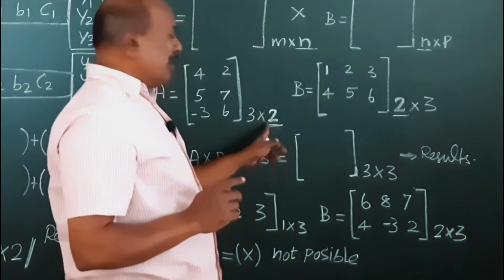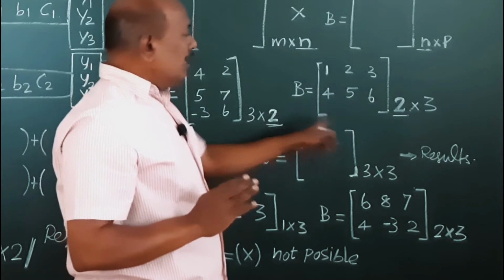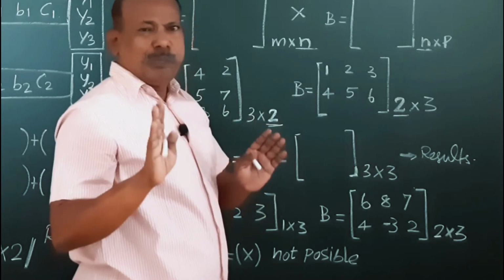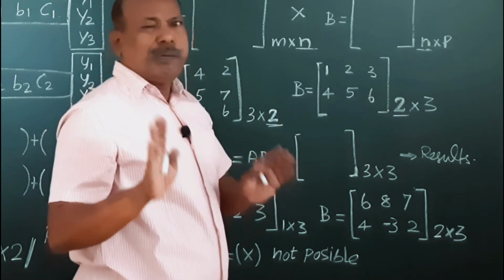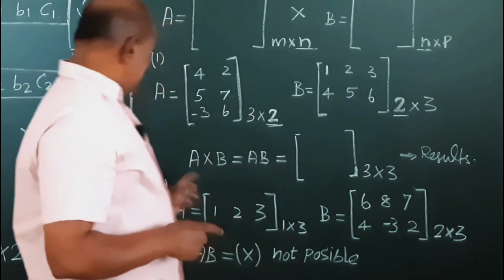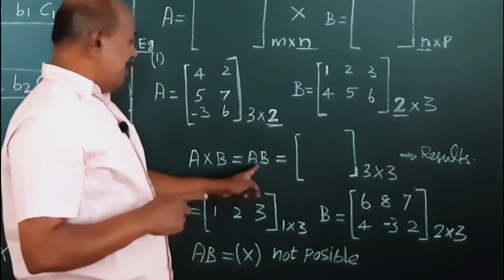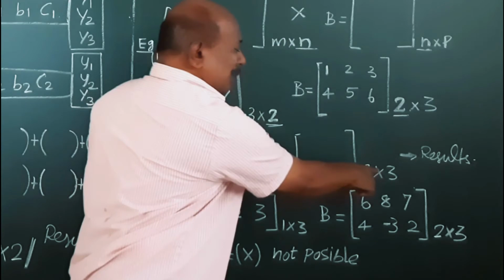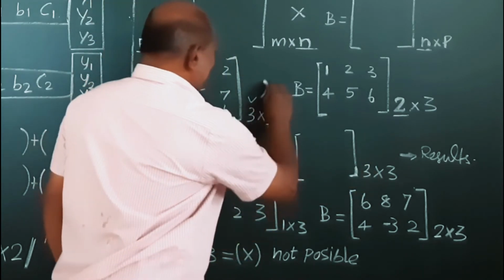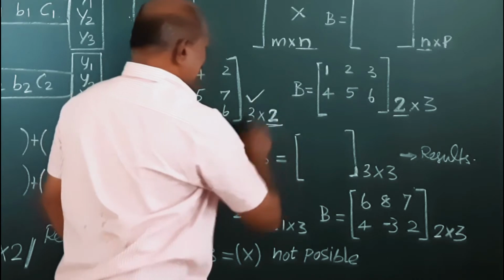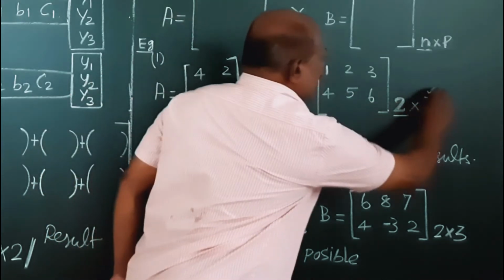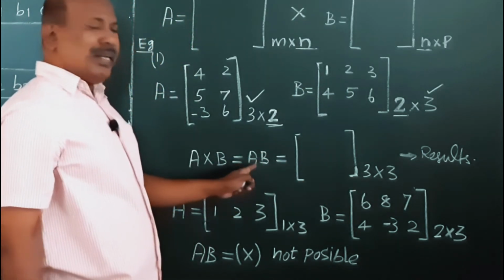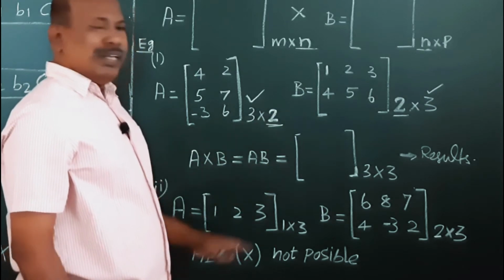Here it is, so multiplication is possible. Now AB will be a 3 by 3 matrix, the remaining items, the row and the column, become the result AB.